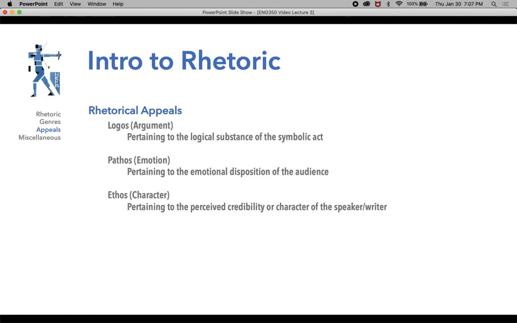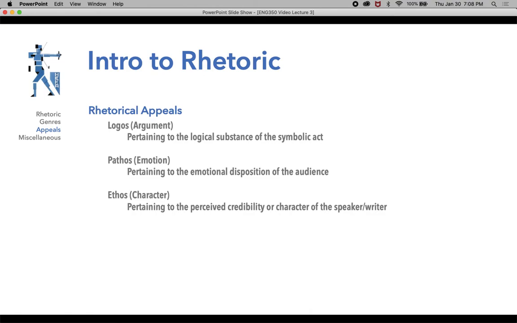Number two would be, not only are you providing a certain logical argument for your audience, but you're oftentimes, as speakers or writers, disposing your audience, or attempting to dispose your audience to a certain set of emotions, so that they're more likely to entertain the logos, the argument itself.